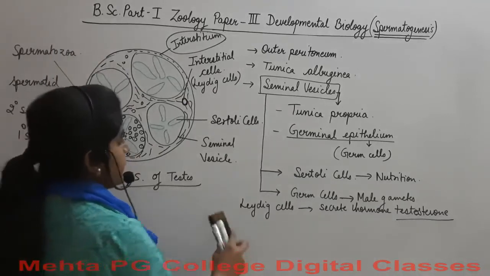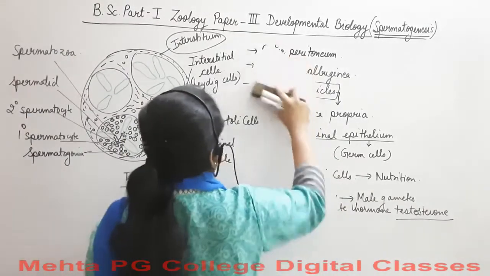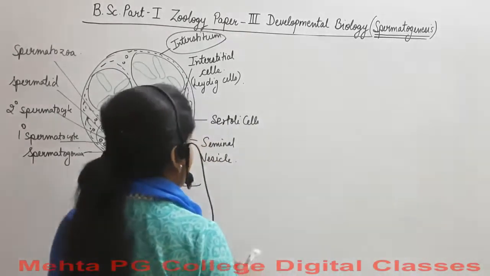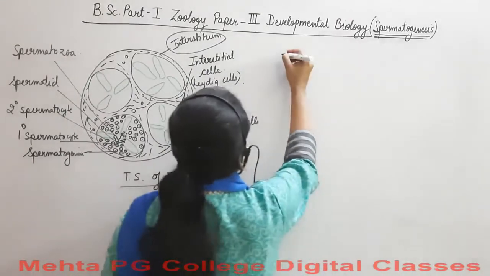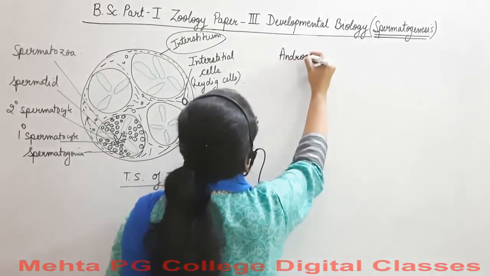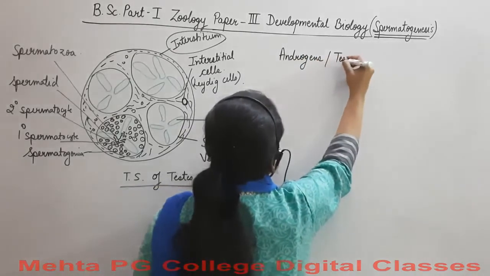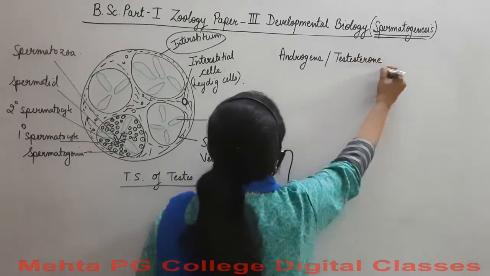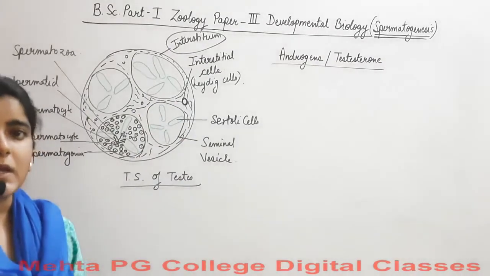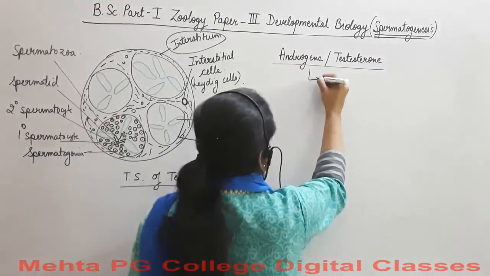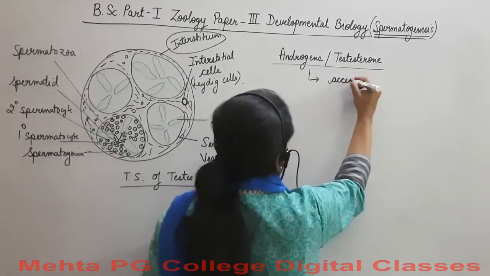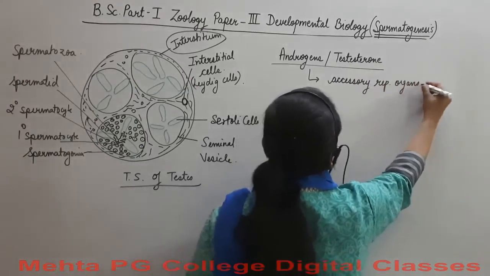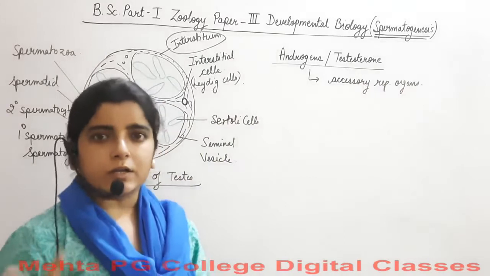One important thing we see here is that androgens and testosterone are secreted. What these male hormones do is control accessory reproductive organs, or help in the formation of accessory reproductive organs.